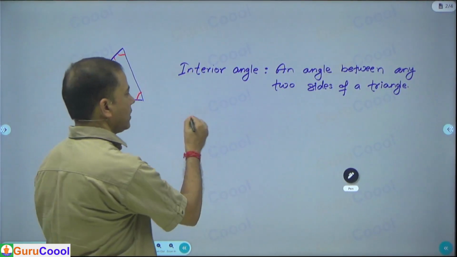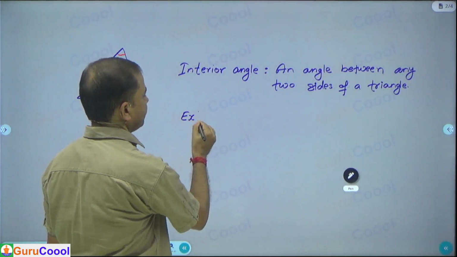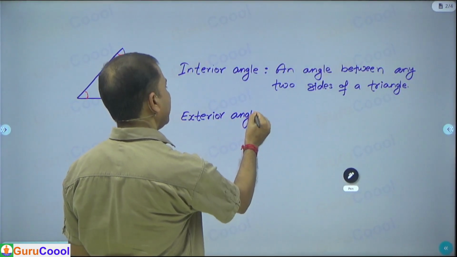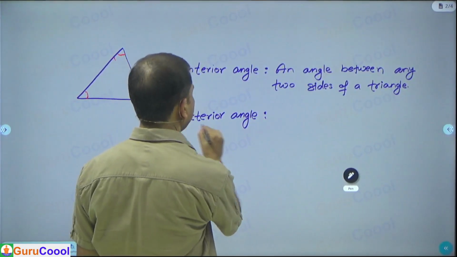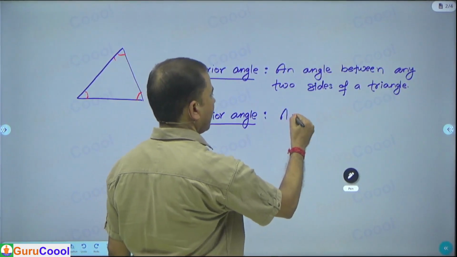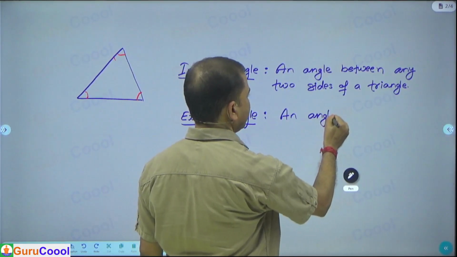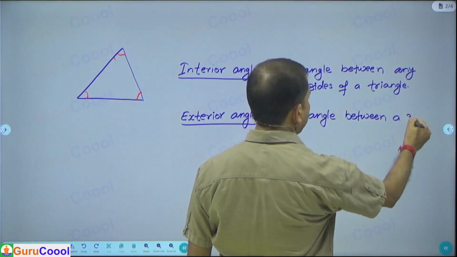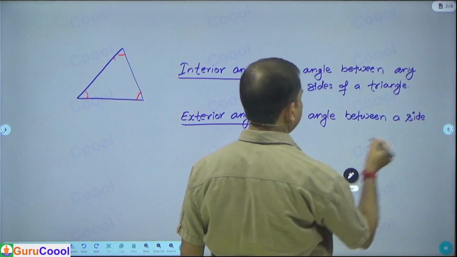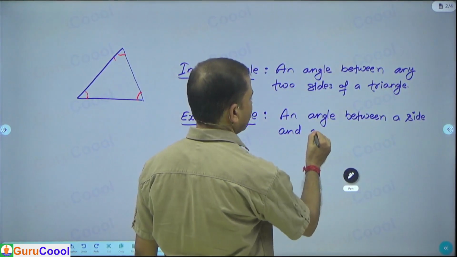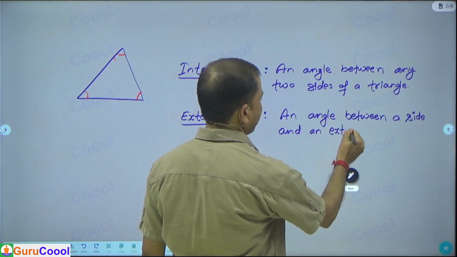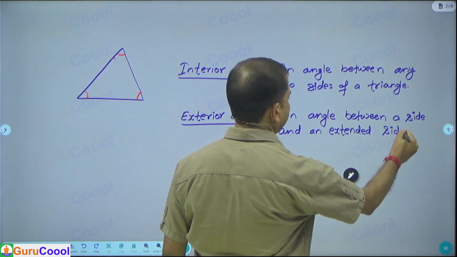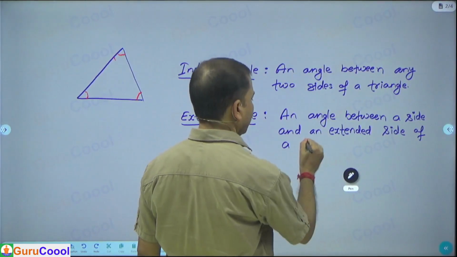Now let us understand what is exterior angle. Exterior angle, an angle between a side and an extended side of a triangle.